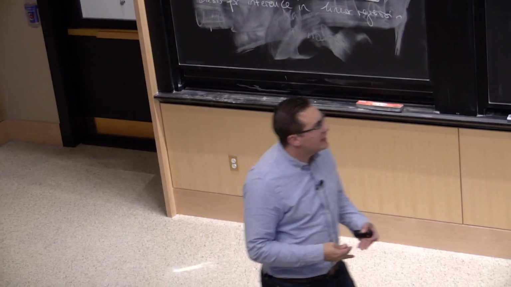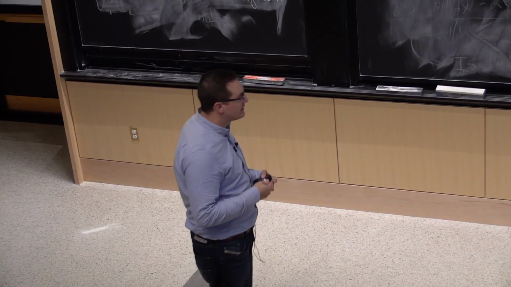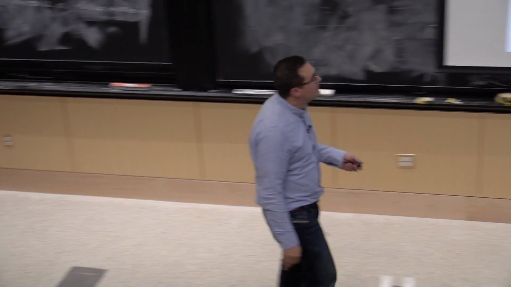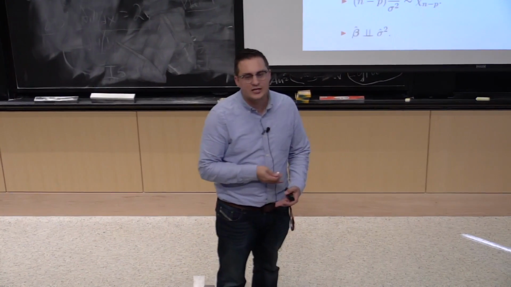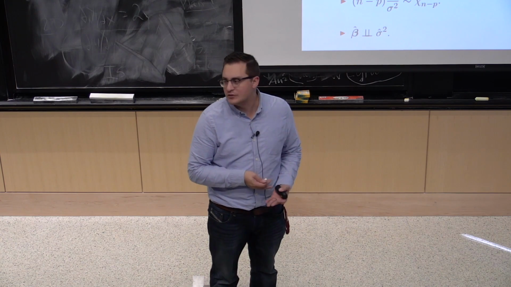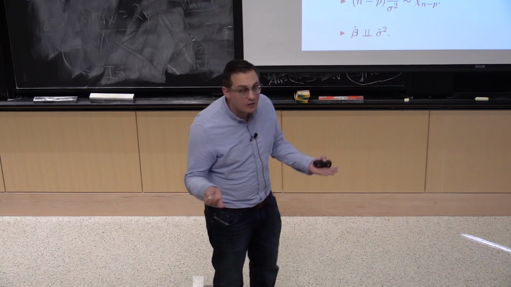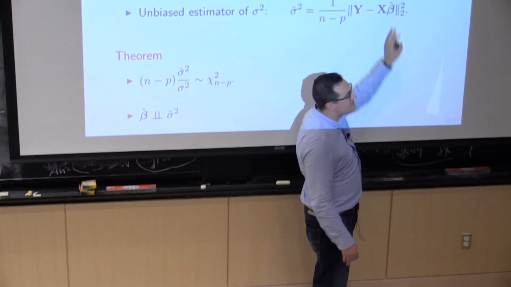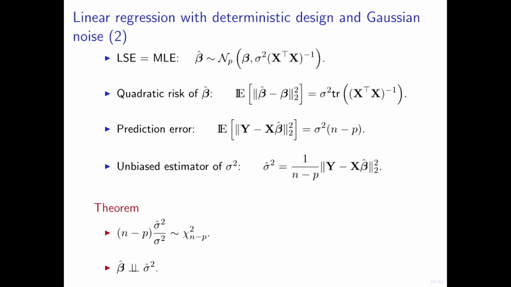What happened is that we used the fact that x beta hat is really just a projection of y onto the column span of x. And those things, y minus x beta hat, are called residuals.